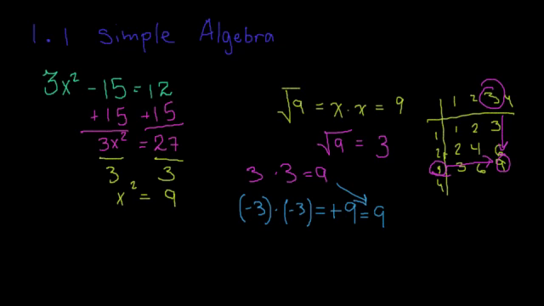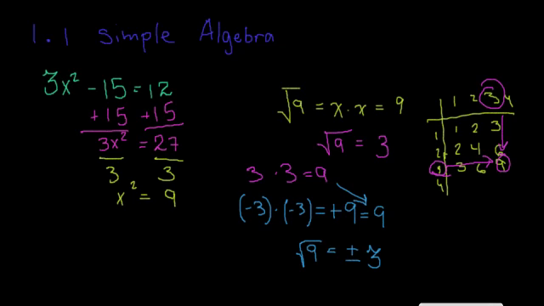So whenever you're taking the square root of something, you have to add a sign that says plus or minus 3, because 3 multiplied by itself equals 9, and negative 3 multiplied by itself equals 9. So I have to clear that up.